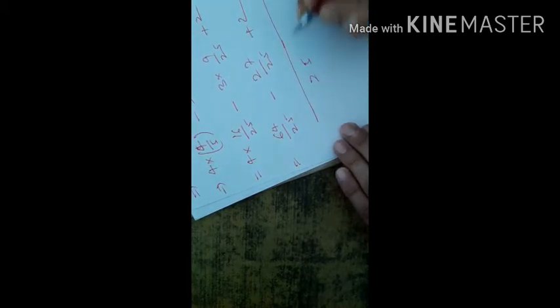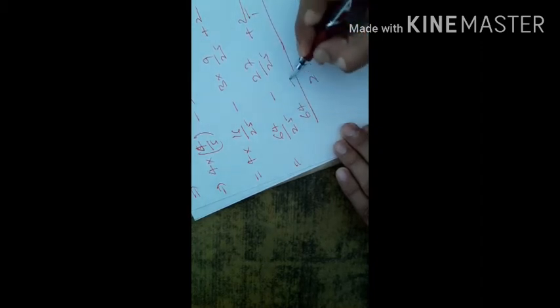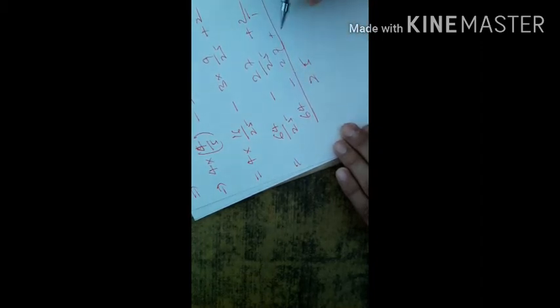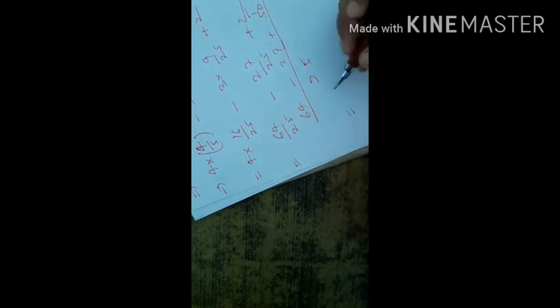So take 25 as LCM. So this is 64 minus 27 plus 25 twos are 50. So 64 and 50 is 114, minus 27 upon 25. So this will be 87 upon 25.